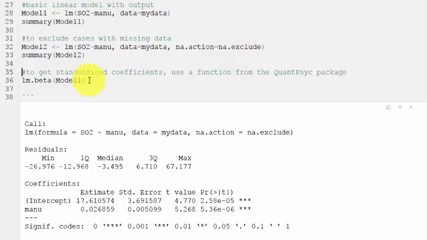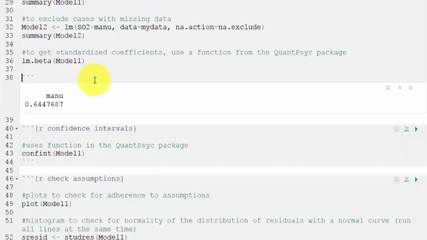And then you can also get standardized coefficients as a function from the quant-psych package. So the function is lm.beta, and then you have to run the model first to get the unstandardized coefficients, which is what we looked at in the results before, and then you do the lm.beta with that model to get the standardized coefficient, and that's all it gives you is the standardized coefficient for the predictor variable, so 0.64.